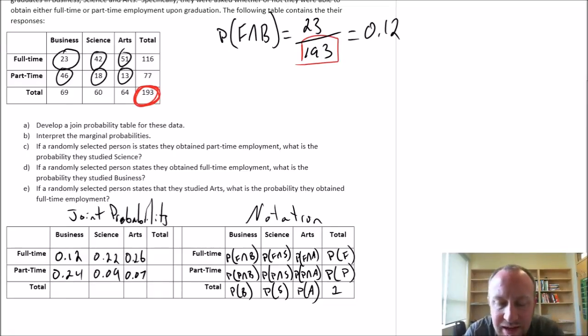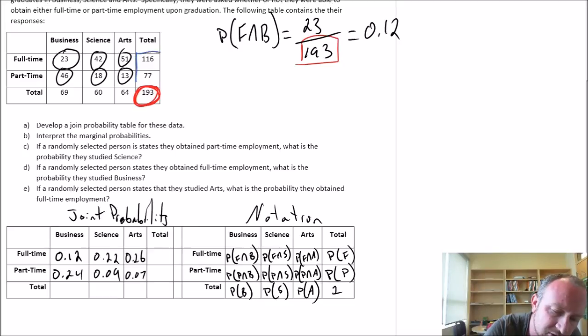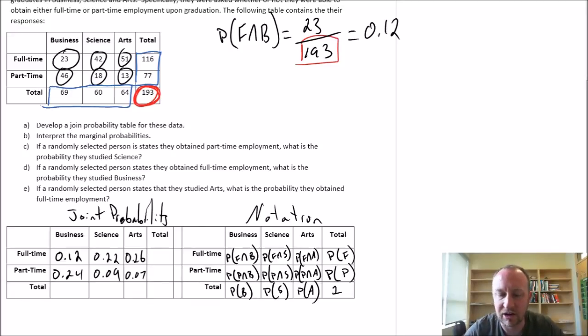Okay, so there we have all of the intersections of these two events, right? Field of study and employment status, full-time or part-time. Now we can get the marginal probabilities, and so now as numerators I'm going to be using these values and these values. Still the denominator is going to be that 193.